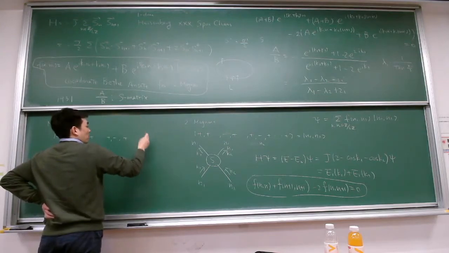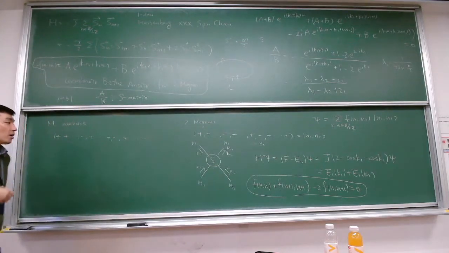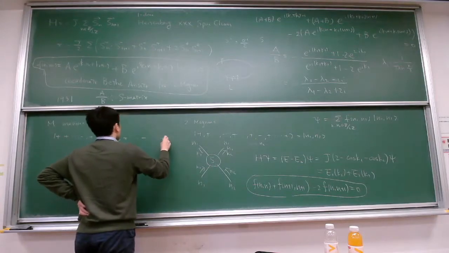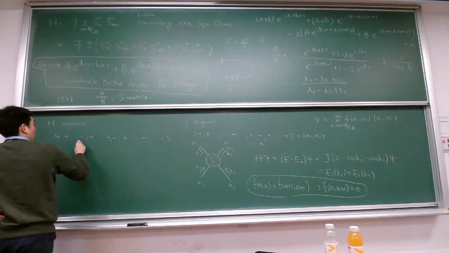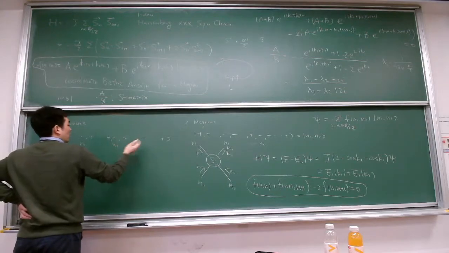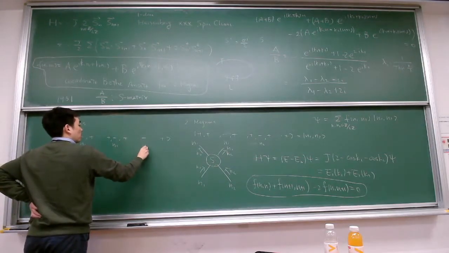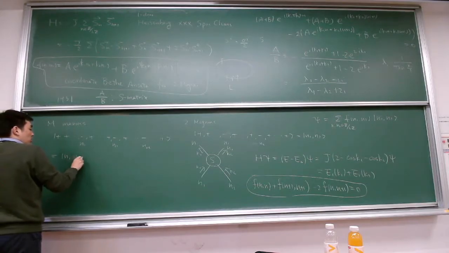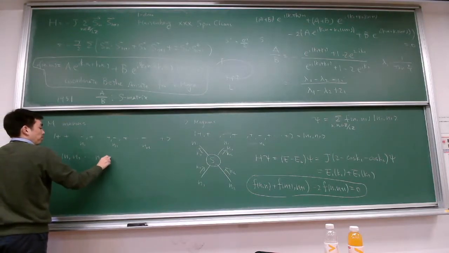So you have n of them minus, so spin down. There are n spin downs this way, and we call them again n1, n2, up to nm.